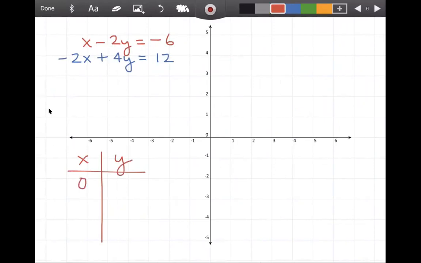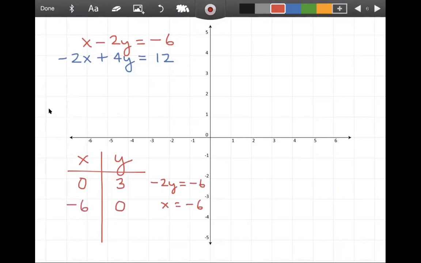When x is 0, you get negative 2y equals -6, which means y is 3. I hope it's okay that I'm doing these a little faster now. I should be getting better and better at this. When y is 0, I'm just left with x equals -6.